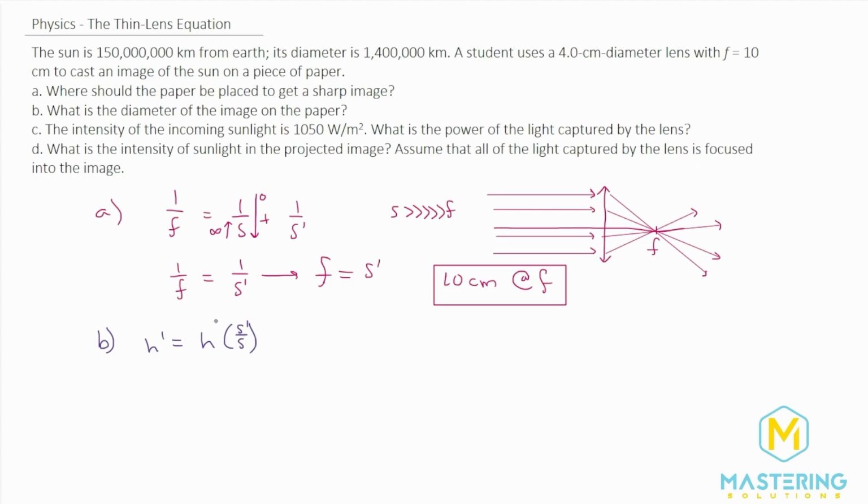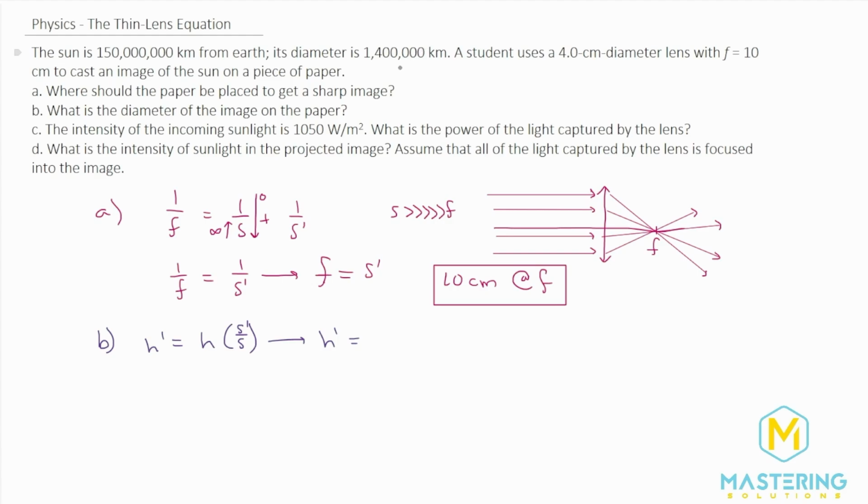For this case, we don't need to worry about it. You can think of it like we're taking the absolute value of this. And so if we have H', or the image height, in this case the diameter, the object height is going to be the diameter of the sun.